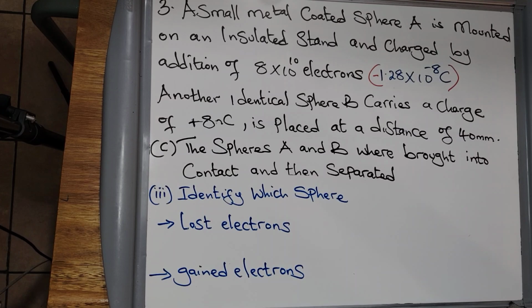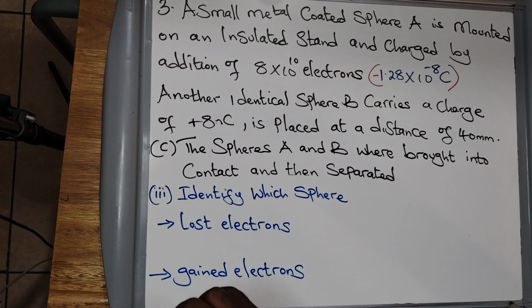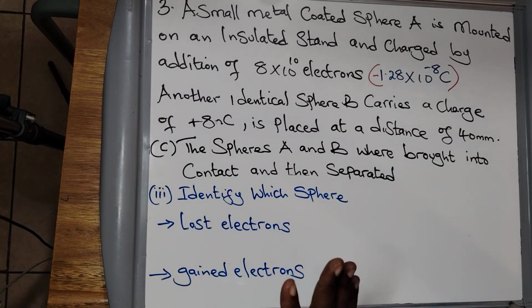So you have to know that a negative charge implies excess electrons, and a positive charge implies deficiency of electrons. And the electrons move like in the Brownian motion principle. They move from where they are highly concentrated to where they are of low concentration. So when you look at A and B, which one is having more electrons? It is A. It's negatively charged.